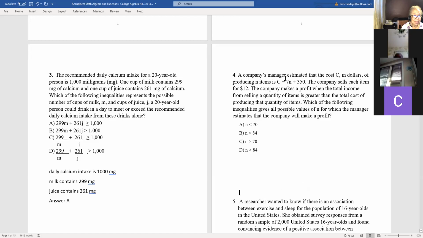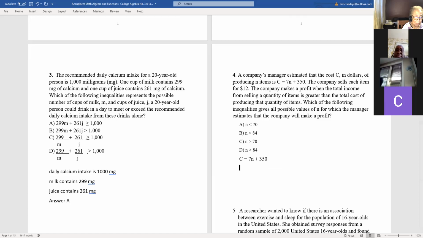So let's just copy here. Cost equals 7N, and N represents the number of items, okay, plus 350. Selling price, what's the selling price?